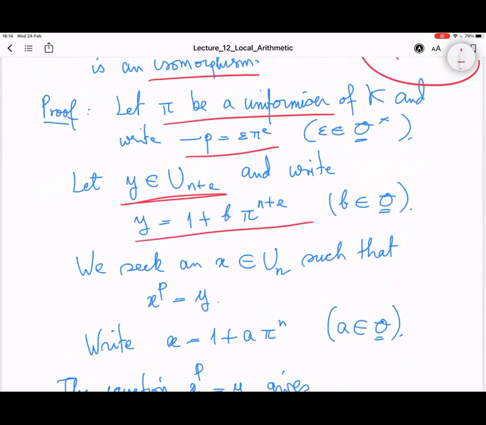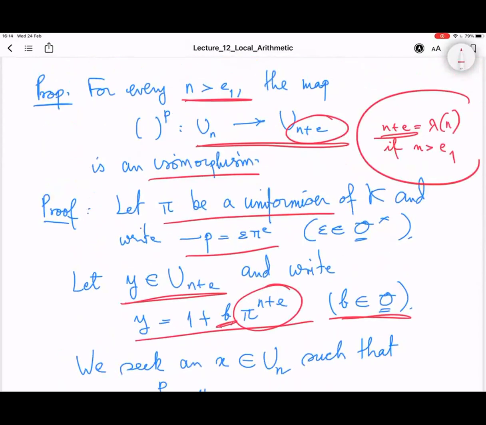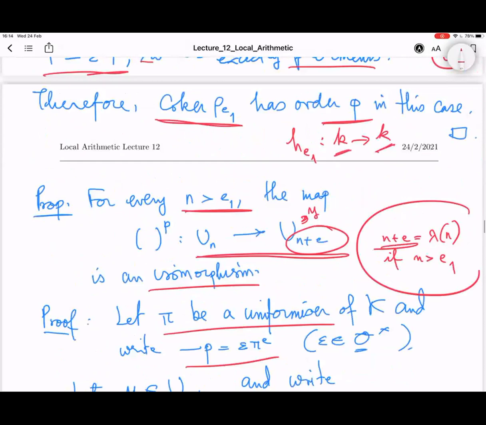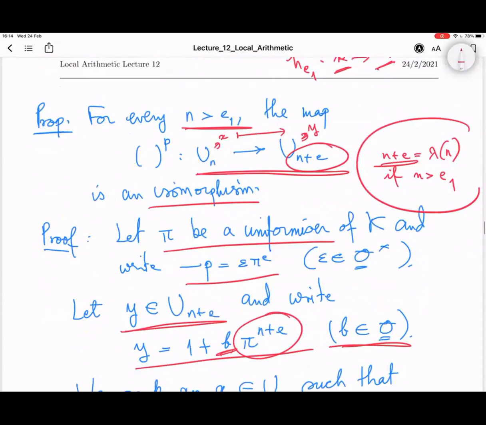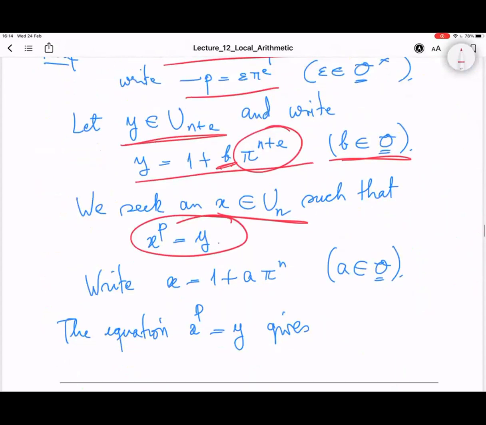I write it as 1 plus b times pi n plus e, where b is in O. So I have taken an element y here. And I'm looking for an element x here, such that x to the power p is equal to y. Yeah, I'm looking for an x in un.